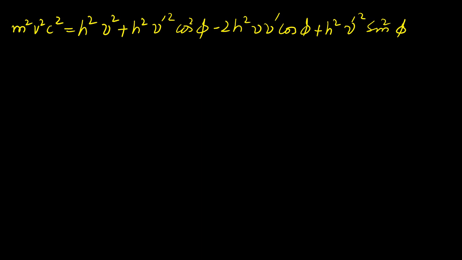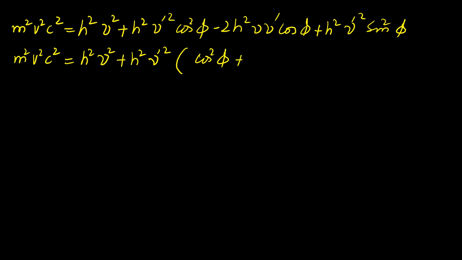So we can simplify this equation as m square v square c square is equal to h square nu square plus h square nu prime square into cos square of phi plus sine square of phi minus 2h square nu prime cos of phi.